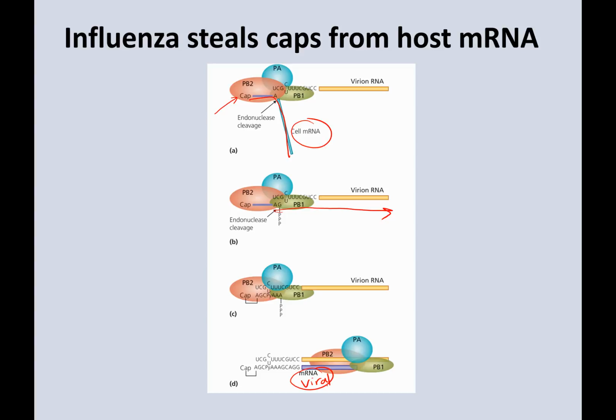So kind of a cool strategy to avoid that need for its own capping enzyme. But the viral mRNA has the cap, so it's going to be translated just like the host mRNA.